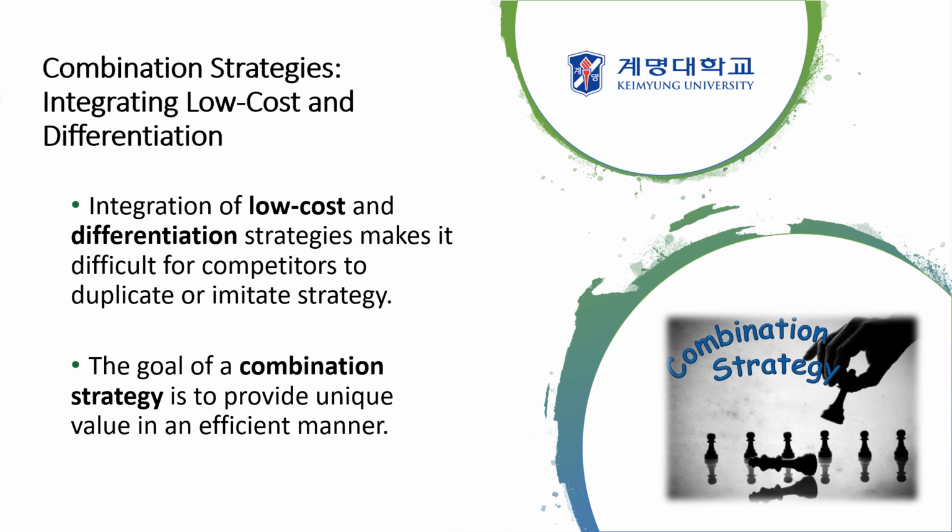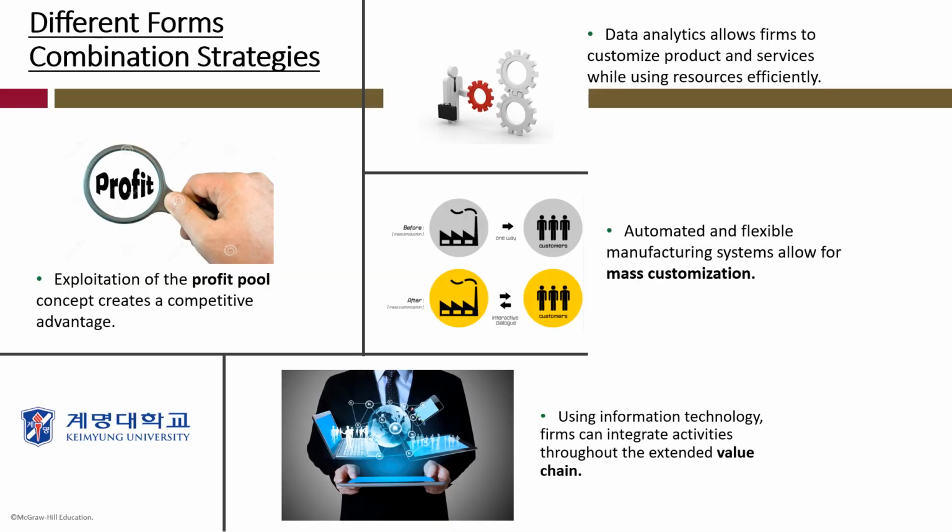So this is the firm's integration or combining of various strategies to provide multiple unique products in small quantities at low cost. What are the different forms of combination strategy? So we have automated and flexible manufacturing systems, using data analytics, and exploiting the profit pool concept for competitive advantage.